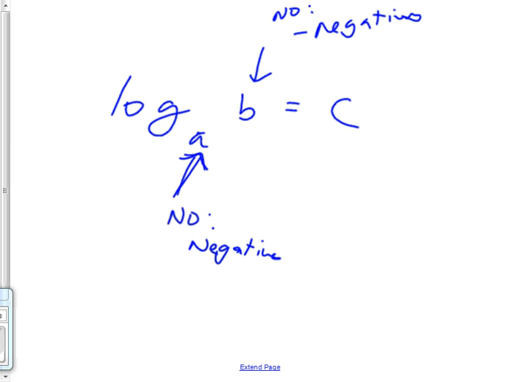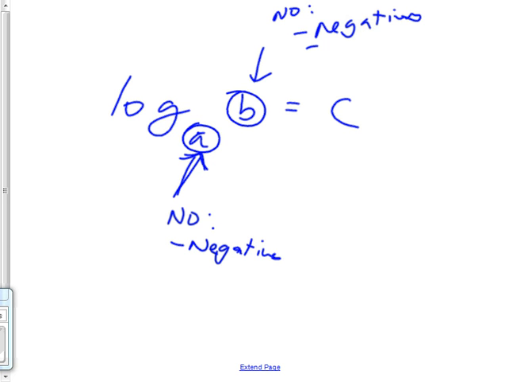There's no negatives allowed here or here. The answer could be negative, but the base and the argument, the other parts, that cannot be negative. All right? You can't have negatives in either spot.